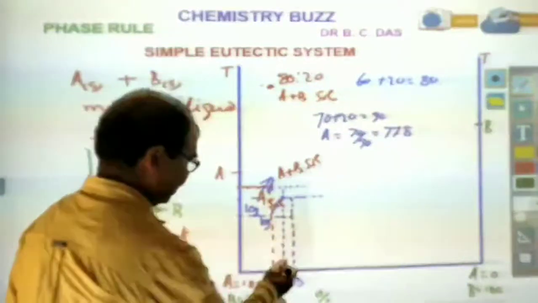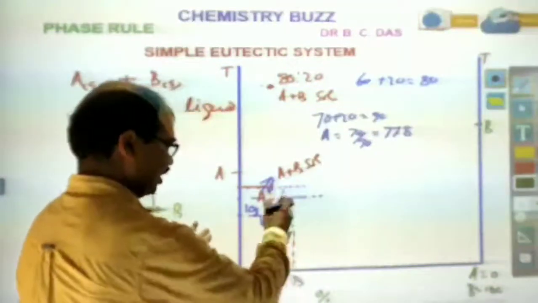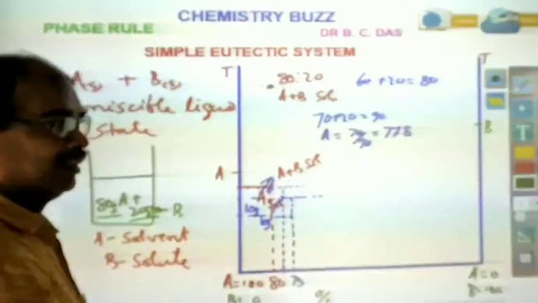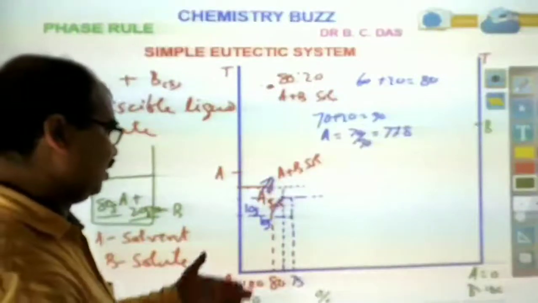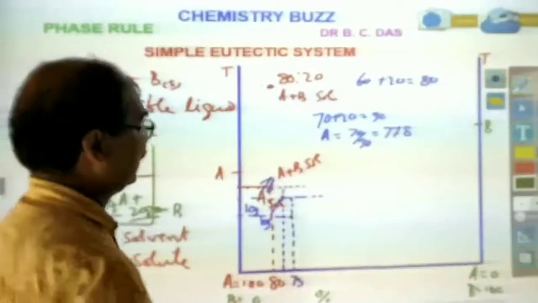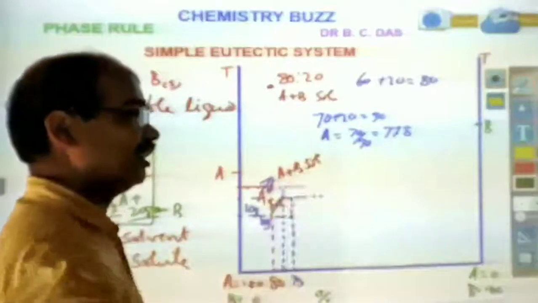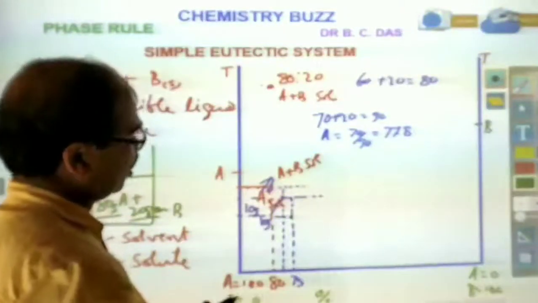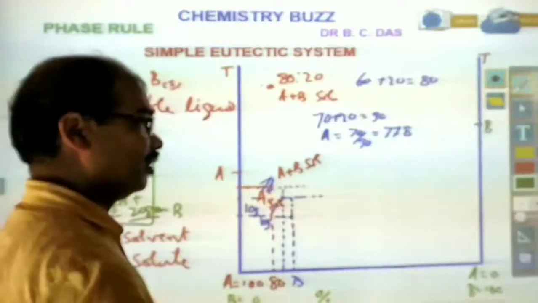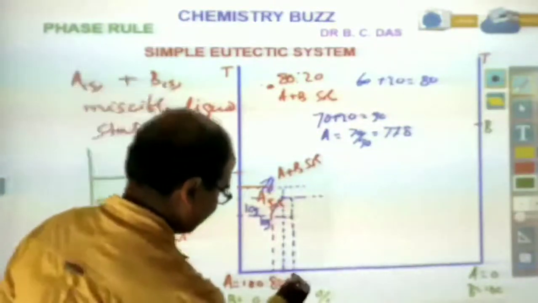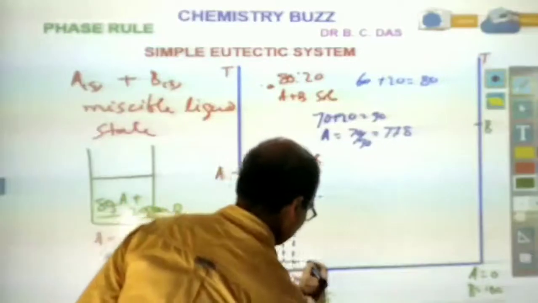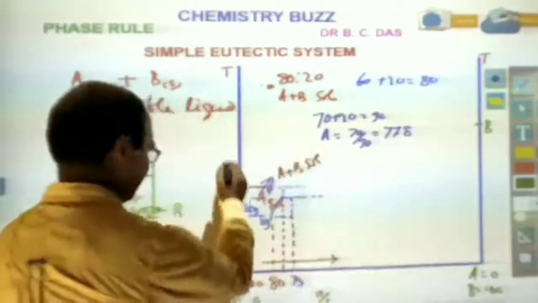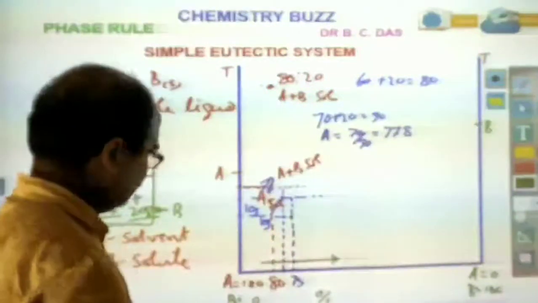So gradually the separation of solid A continues from the solution, the weight of the solution is decreasing continuously, and the percentage composition of the solution is also changing. The percentage composition is moving towards the right, and the temperature is falling down.